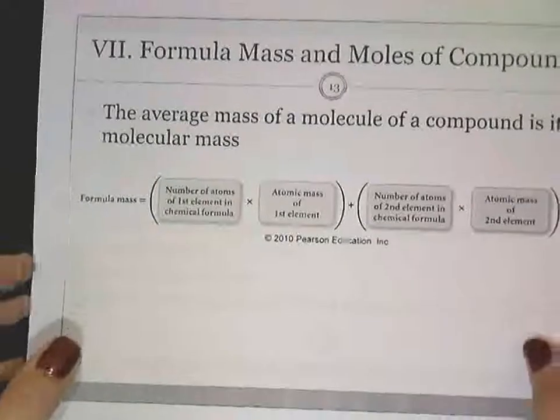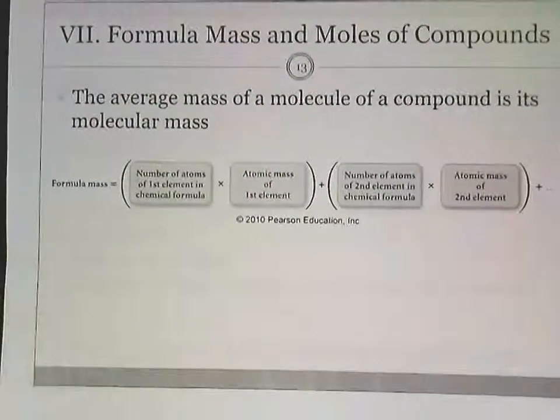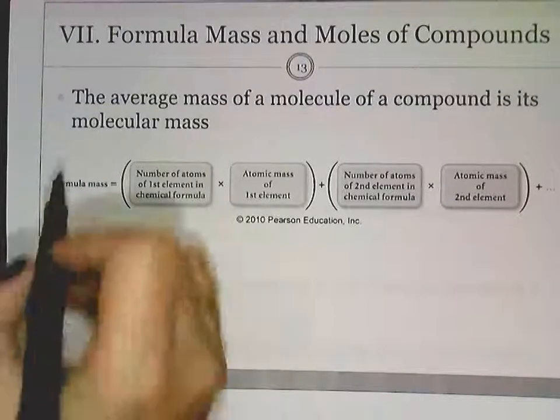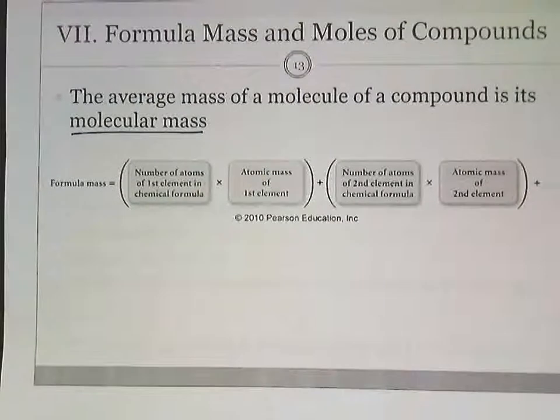Formula mass and moles. Again, this should be a little bit of review. Then we'll use a little bit of review to go forward and do some new stuff. All right, so the average mass of a molecule of a compound is what we call the molecular mass. Do you guys have calculators? You'll need calculators for the rest of the lecture. We're going to do some math.